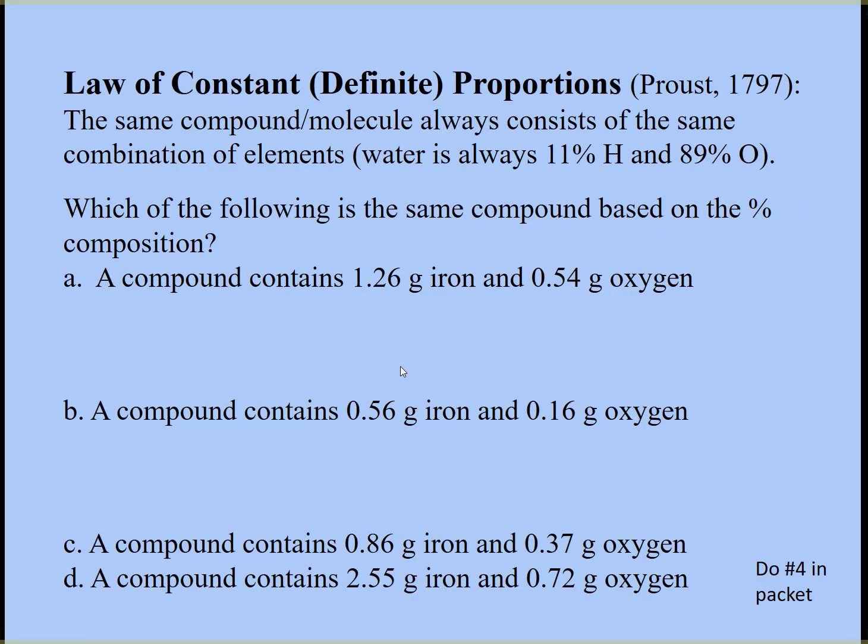Some elements combine into compounds with different ratios. For example, I can have Fe2O3 and I also can have Fe3O4. So iron and oxygen can make that crystal structure, but with different ratios. And this is one of the things that Proust studied around 1800.